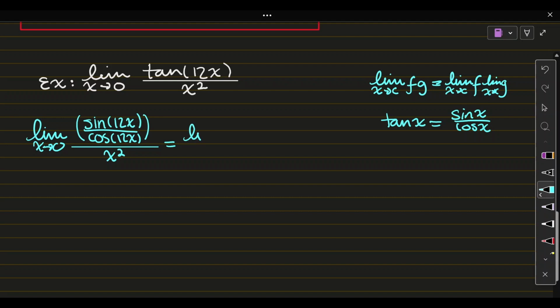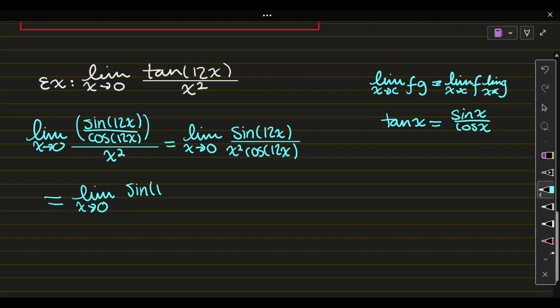This is going to give me the limit as x goes to 0 of sine of 12x over x squared cosine 12x. Now I can break this up into the product, the limit as x goes to 0 of sine of 12x over x times 1 over x times 1 over cosine 12x.